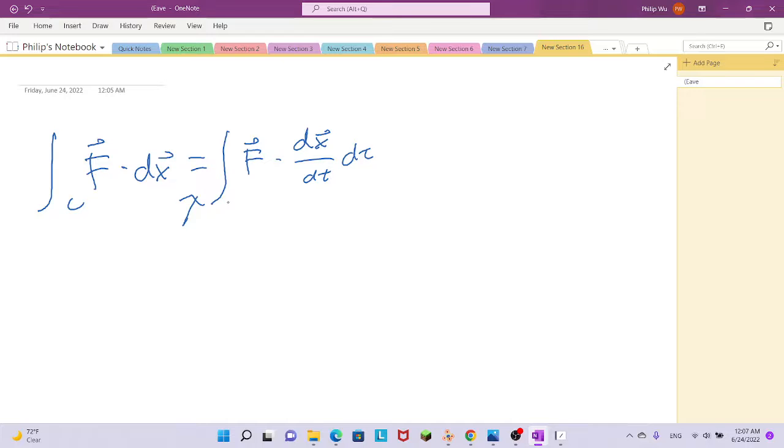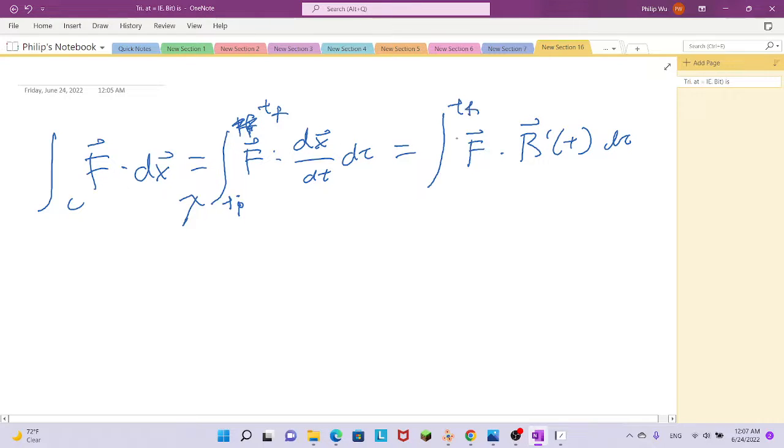In this case, we can actually put definite boundaries on this integral, from ti to tf. And then using our previous definition of velocity, we get this.